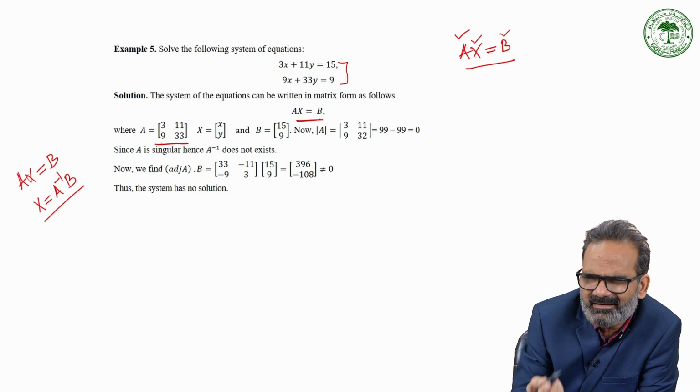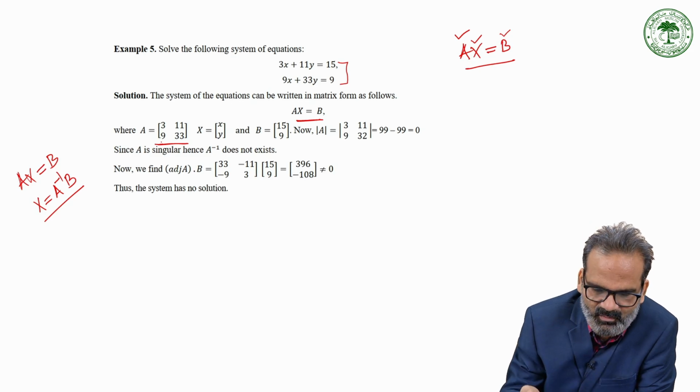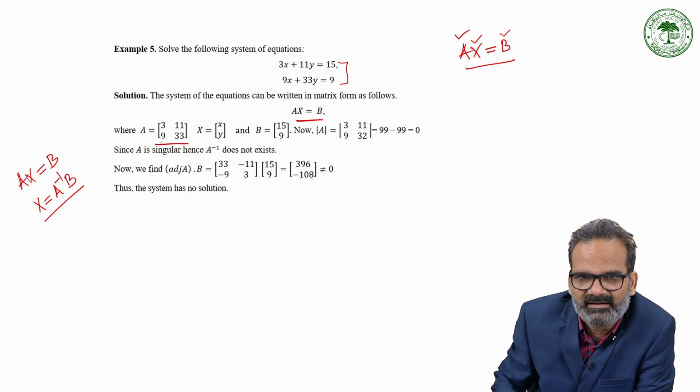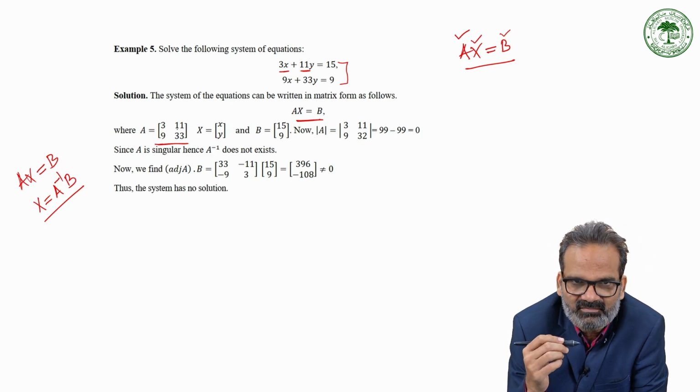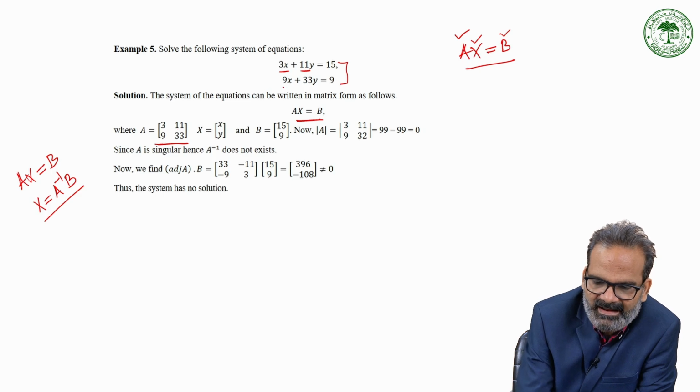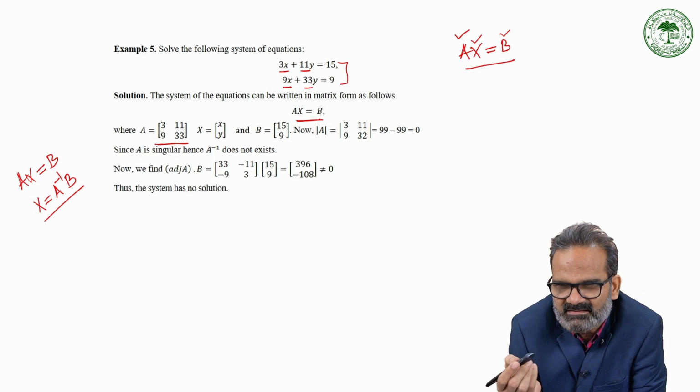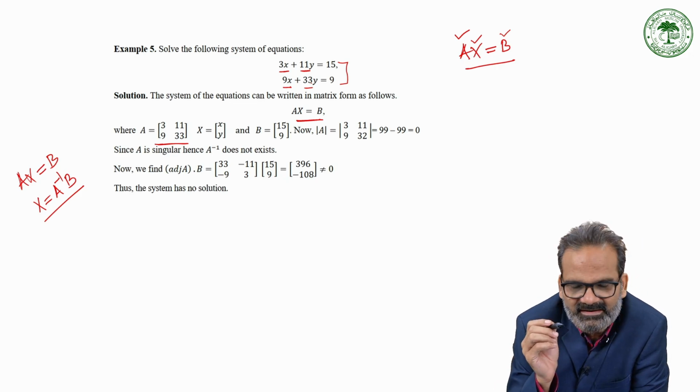I have told you many times the process of writing down the matrix A. The coefficient of x in the first equation is 3, and the coefficient of y is 11, so 3 and 11 form the first row. In the second equation, 9 is the coefficient of x and 33 is the coefficient of y, so 9 and 33.